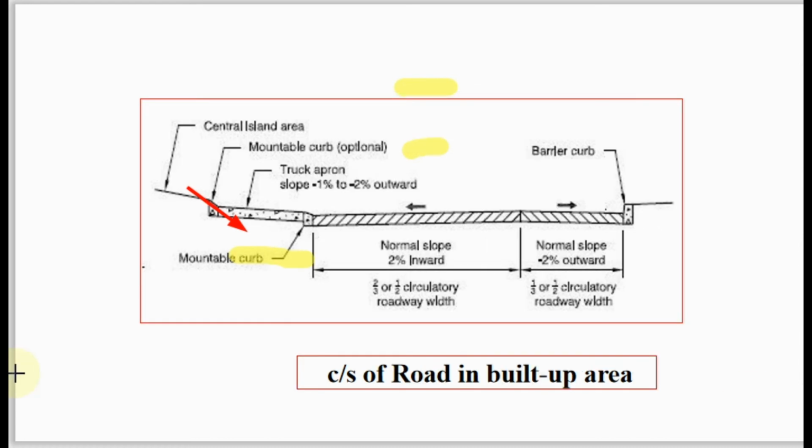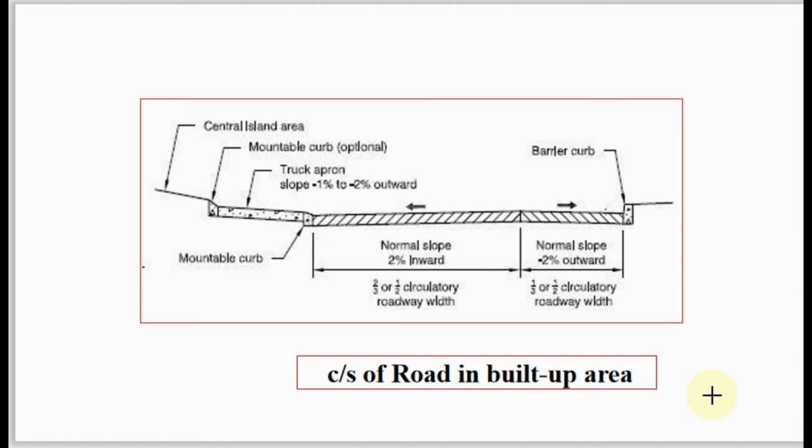Next is in regards to the cross section of the road in a built up area. That means wherever filling or embankment is being done and the road is being built up.